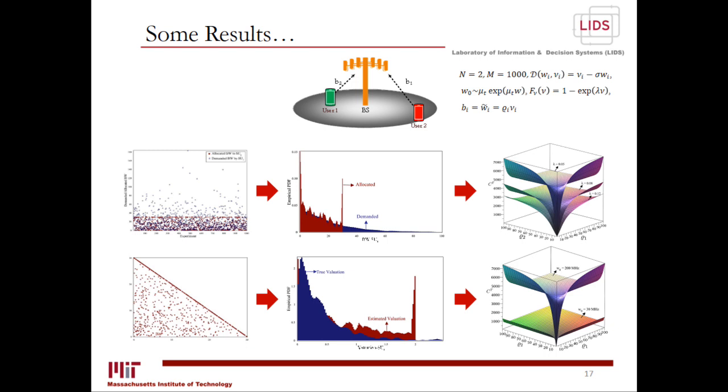Our lower bound is 0, our upper bound is here. So there is a good match here, and also for the allocated bandwidth versus demanded bandwidth, as long as the amount of bandwidth that's available to the base station allows us, we're going to be able to follow this very closely. And this is the total sum of the collected revenue for the base station.